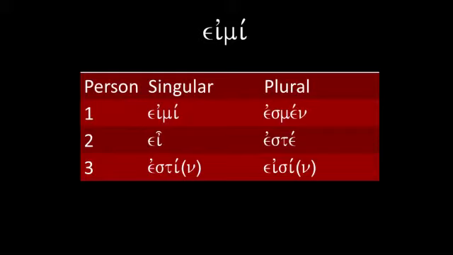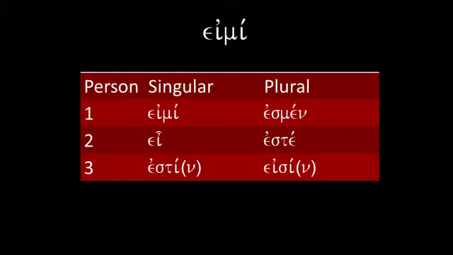Esmen, este, eisi. There's another movable nu. Eimi, ei, esti(n), esmen, este, eisi(n). Memorize this one. Put the movable nus on the chart.